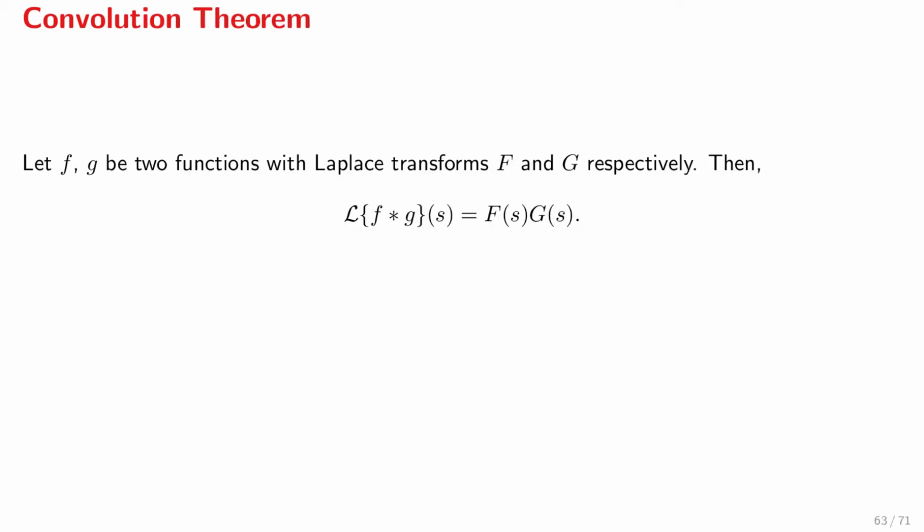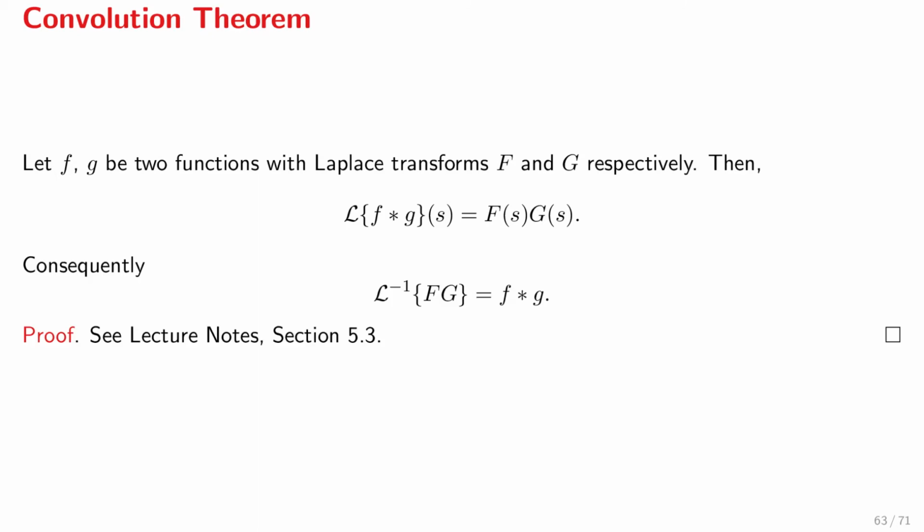Now here comes where convolution meets the Laplace transform. Take f and g to be two time domain functions which have Laplace transforms F and G uppercase. Then the Laplace transform of the convolution is the product of the Laplace transforms. We can say that the Laplace transform maps the convolution to multiplication.